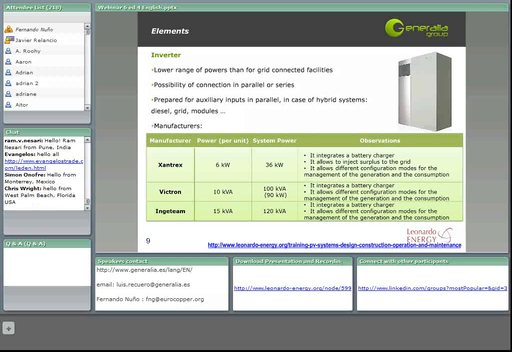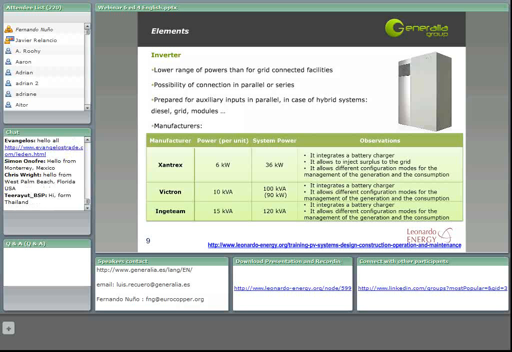So, we can get to a system power, just giving a 3-phase signal, of 36 kilowatts for Santrex, 100 kilovolt-amperes for Victron, and 120 kilovolt-amperes for Ingeteam.